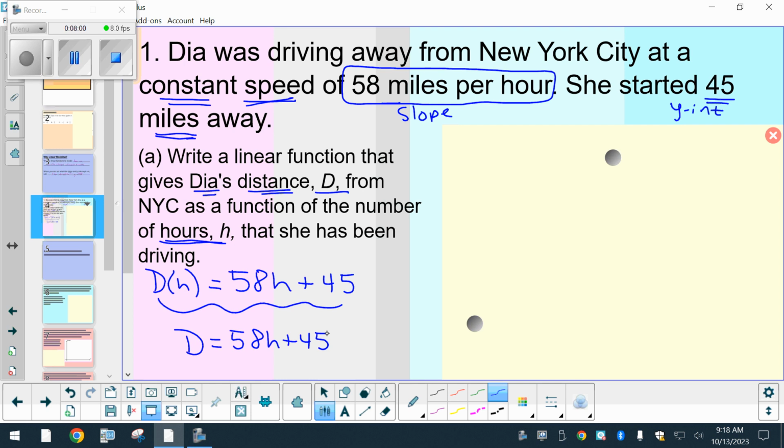For now, as long as you can get that d equals, and then we work on getting the other notation, this will be fine. Eventually we want you to be able to write d of h, but if it's easier now, it's fine to write the distance is going to equal 58h plus 45.